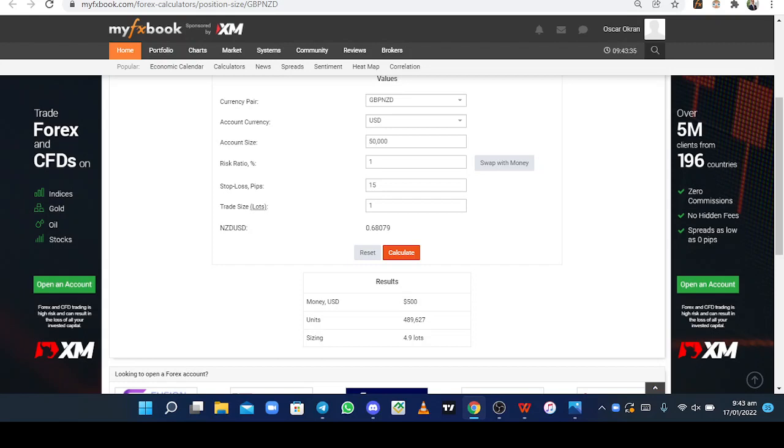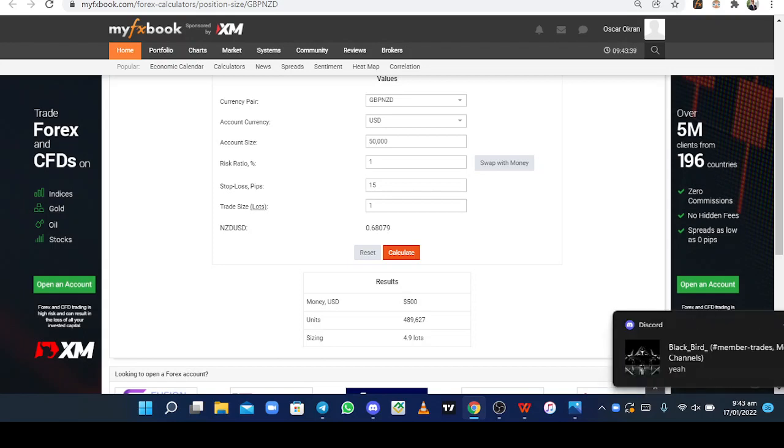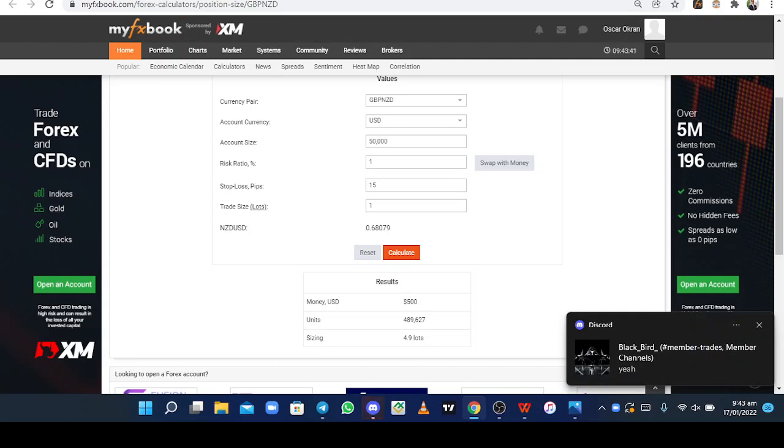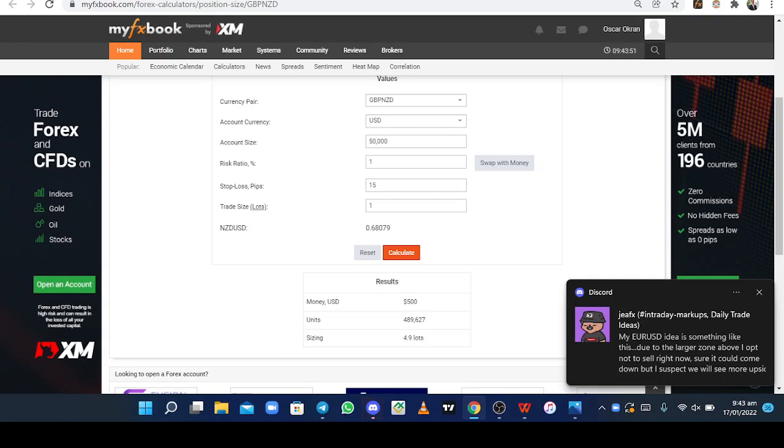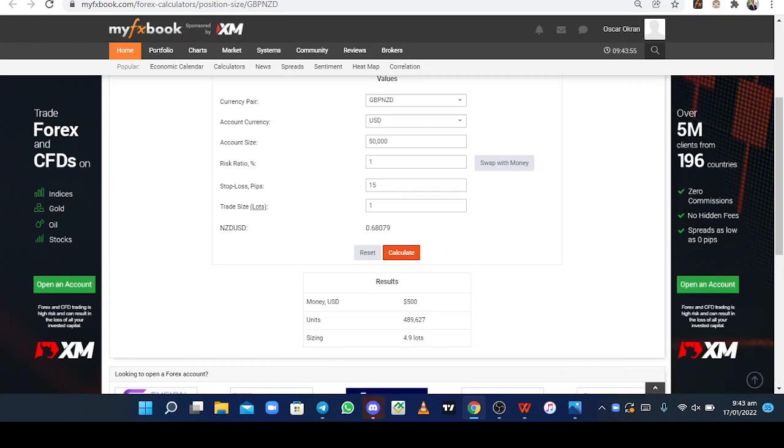So the money in dollars is 500, and the unit is 489,627 units worth of currency, and that is the lot size you're supposed to use. Then you go to your trading platform, whether MetaTrader 4 or MT5, input your sell limit, enter your entry price, use 4.9 lot size, enter your stop loss, and that's all.